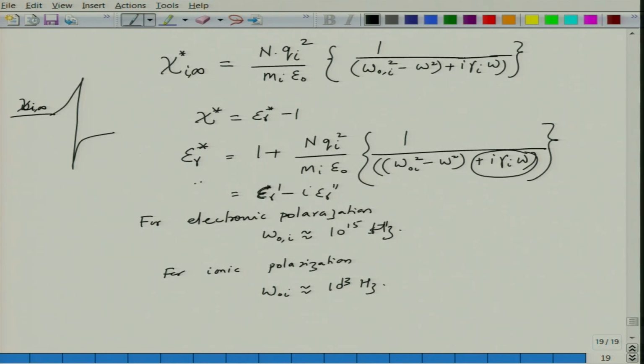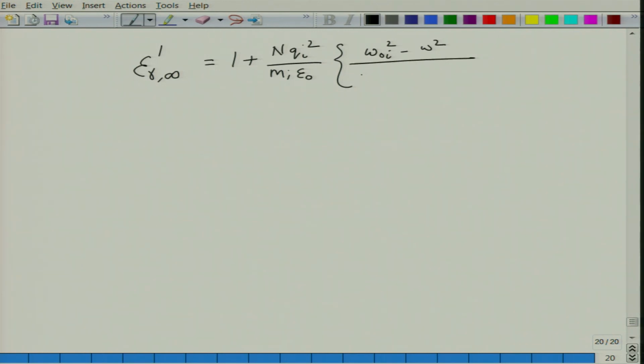When you do the separation, you will find epsilon r prime infinity for ionic and electronic as n qi square divided by mi epsilon naught into omega naught I square minus omega square divided by omega naught I square minus omega square whole squared plus gamma square omega square.